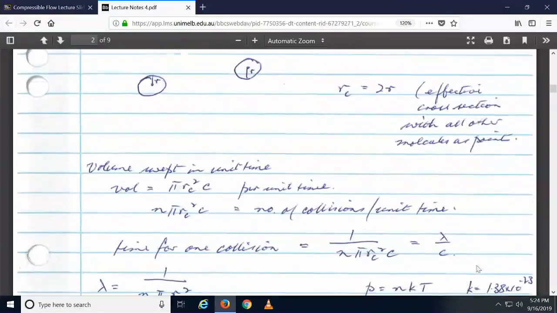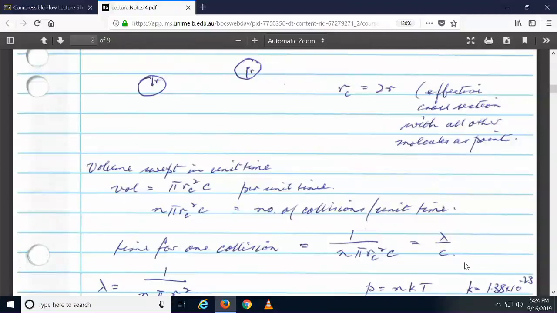Well, in unit time, it'd sweep out a volume which is pi times R c squared, that's the area of this disk, multiplied by the speed that it's traveling, which is basically c, the average speed of the molecules.